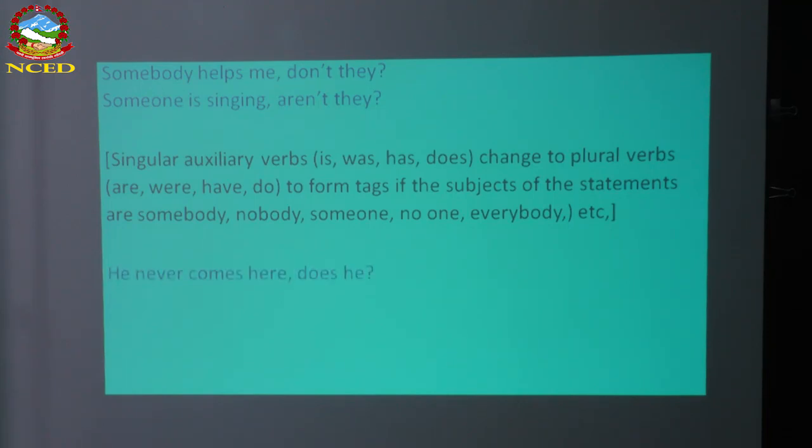Okay, next example. He never comes here, does he? Okay, can you guess what the rule implied here is? He never comes, does he? Okay, so it has a negative and positive relation, right? Do you remember the negative positive relation? Let me show you on the board.